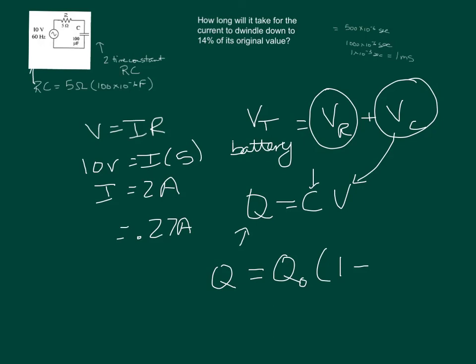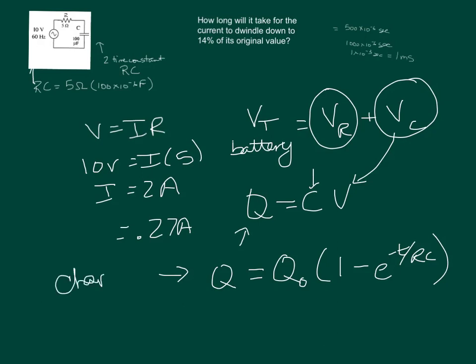So it kind of depends on e to the negative t over RC. So it kind of depends on, are we making it bigger or are we making it smaller? This equation kind of looks confusing. You can use it, it's not wrong. But you need to say, okay, is it charging up or is it discharging? This is if it's charging up.